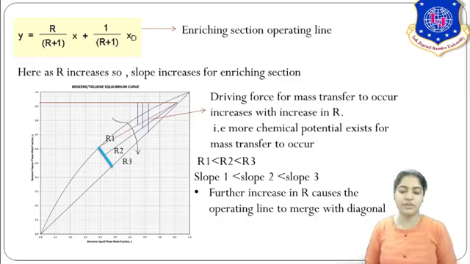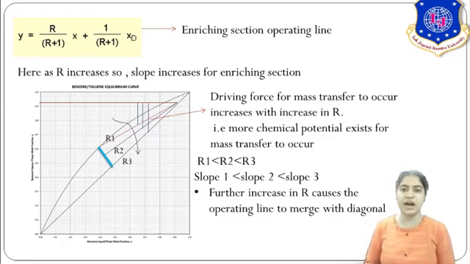So from the graph you can see that as you increase the reflux ratio, the slope of the enriching section of your operating line increases. You can see what the slope is here, R upon R plus 1. So if you are increasing the R value, the slope also increases. Further increasing R will cause the merging of the diagonal and the operating line.